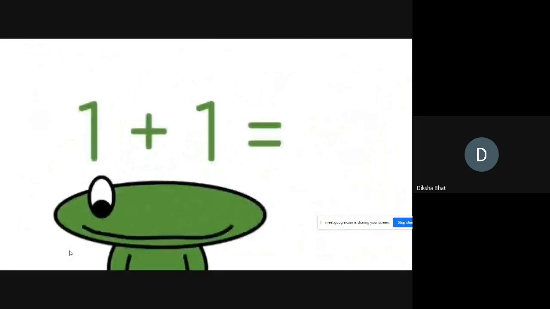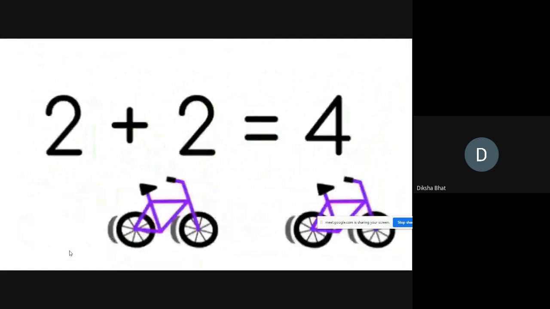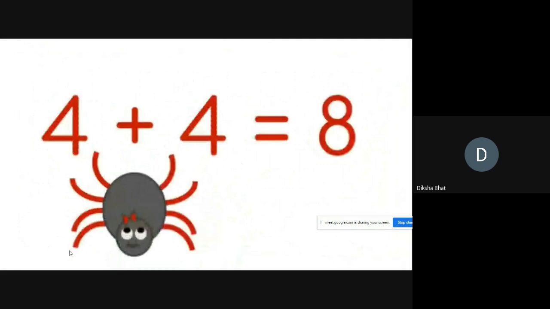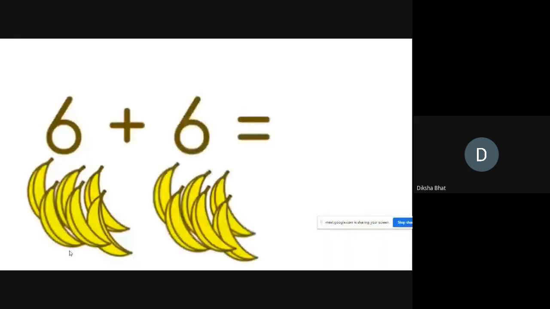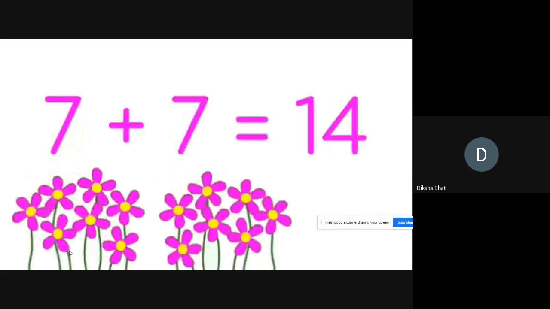1 plus 1 is 2. 2 plus 2 is 4. 3 plus 3 is 6. 4 plus 4 is 8. Time to concentrate. 5 plus 5 is 10, my friend. 6 plus 6 is 12. 7 and 7 make 14.